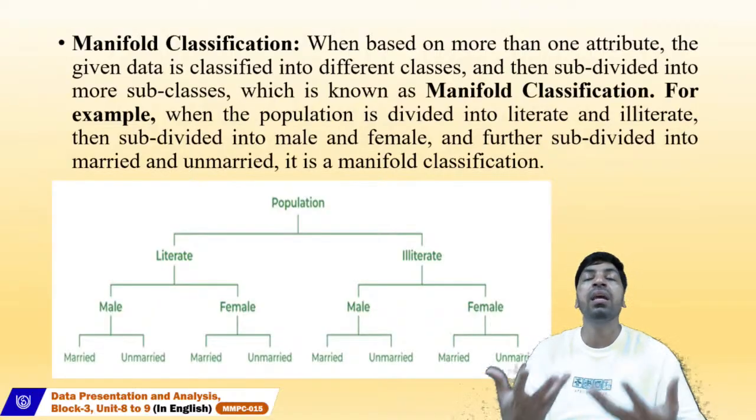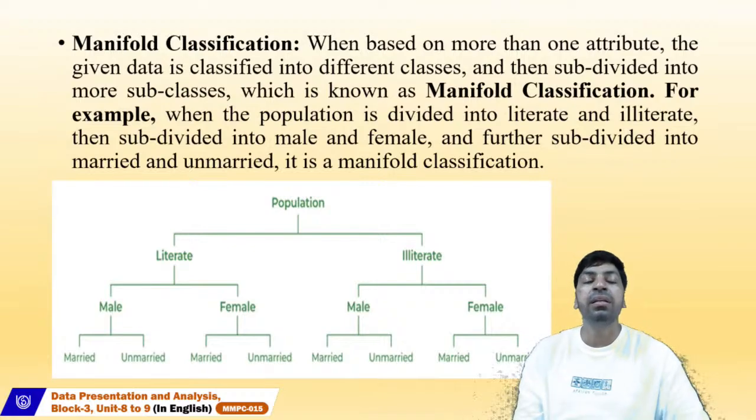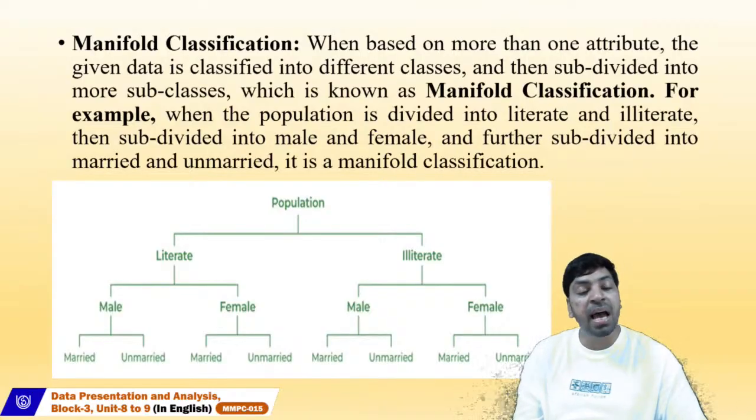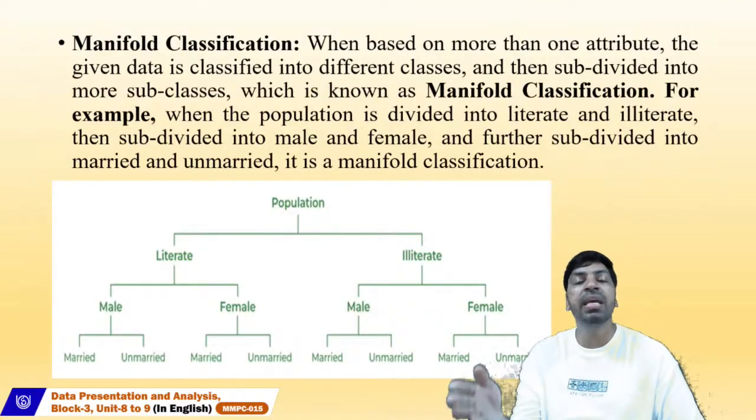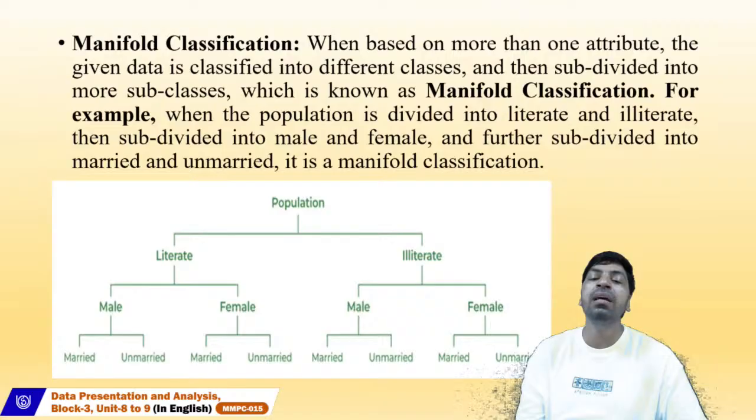Then again we can say we are showing more subclasses of the main class, that is male, married or unmarried. Same for the case of female. Same in the case of illiterate, male, married and unmarried, and female, married or unmarried.